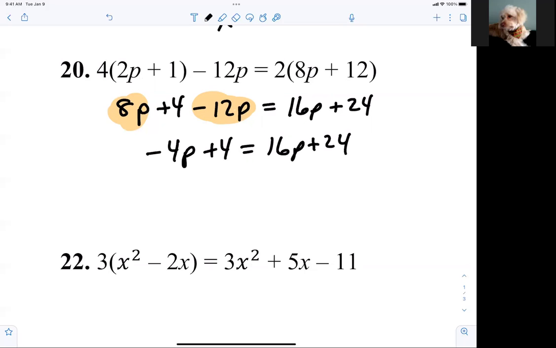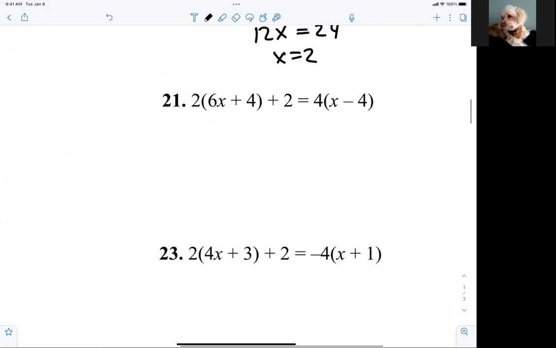Now what? You bring it over to the right. Yeah, just tell me. 20p. Good, equals... Is it negative 20? Yes, sir. Good job. So c equals negative 20. Yes, that's what I want. Perfect.